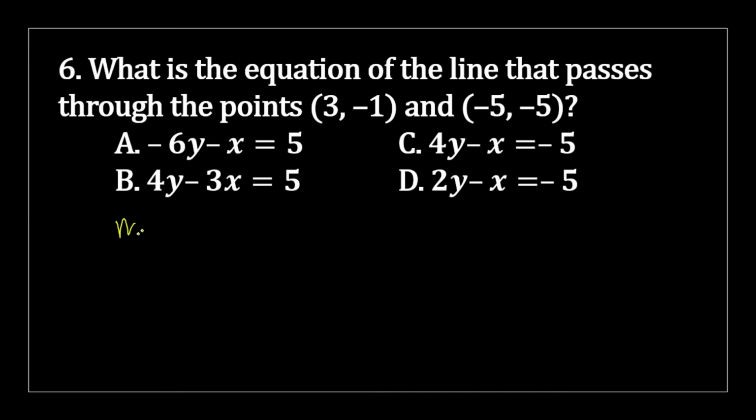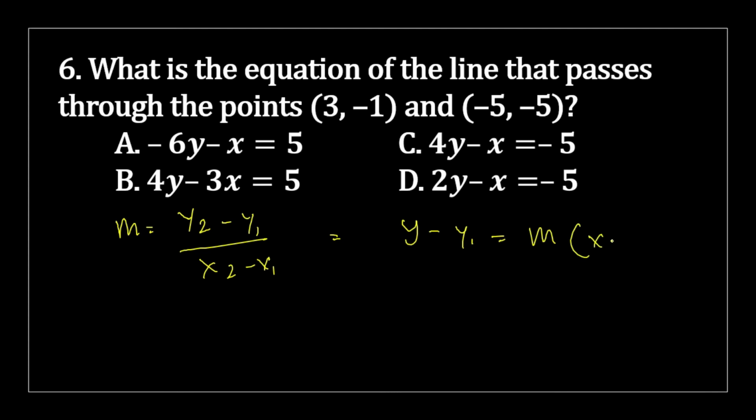The slope is y sub 2 minus y sub 1 over x sub 2 minus x sub 1. And we will use the point-slope formula to do this. So that is y minus y sub 1 is equal to m, or the slope, multiplied by x minus x sub 1.